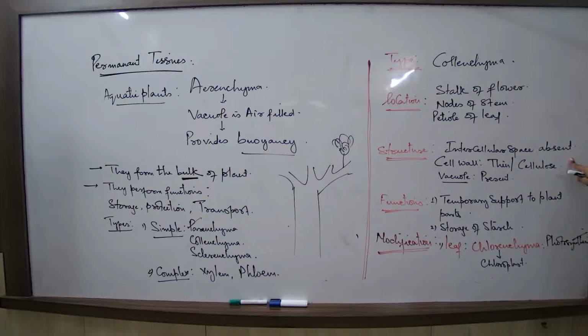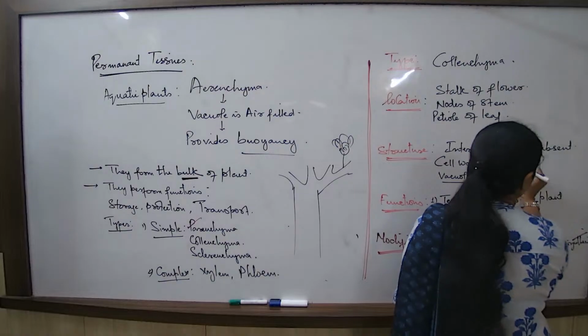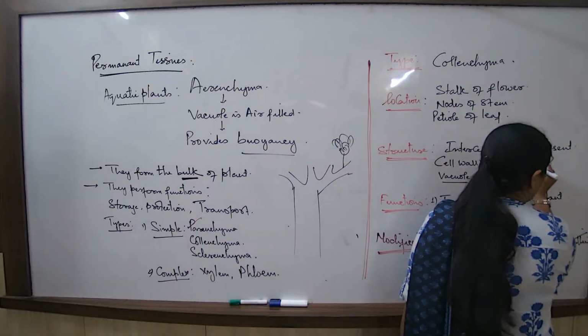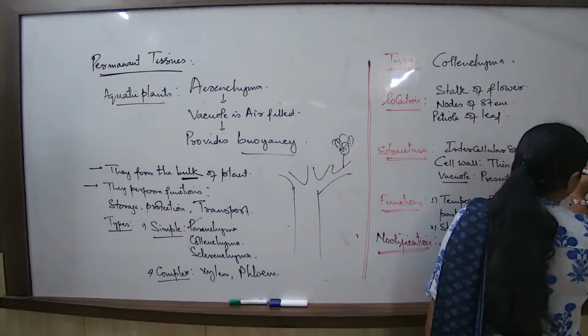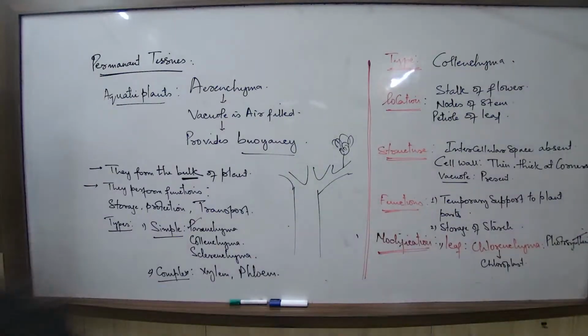The cell wall is thin here also, but it is thick at the corners. Just look into this so you will remember. The cell wall is thin, but it is also thick at the corners. Let us look into this figure.